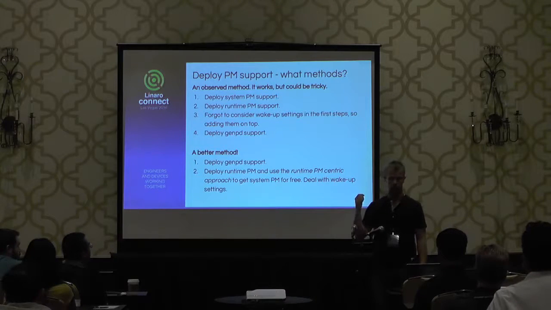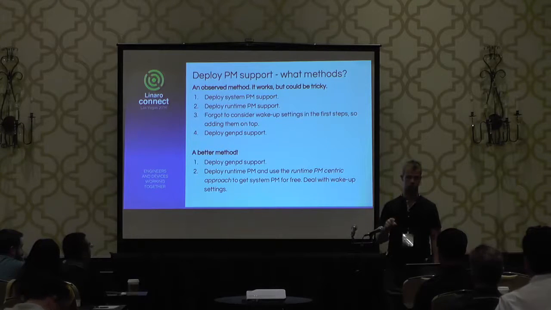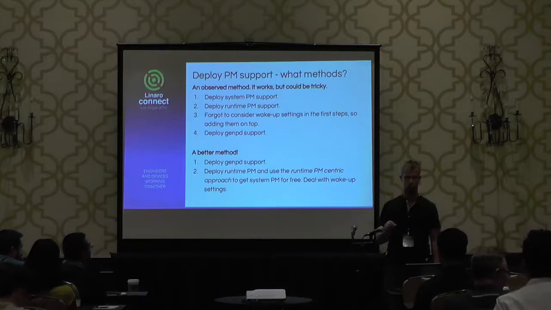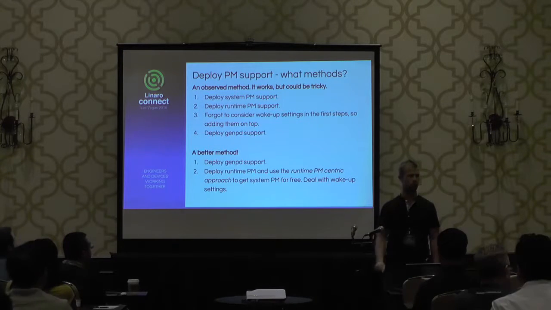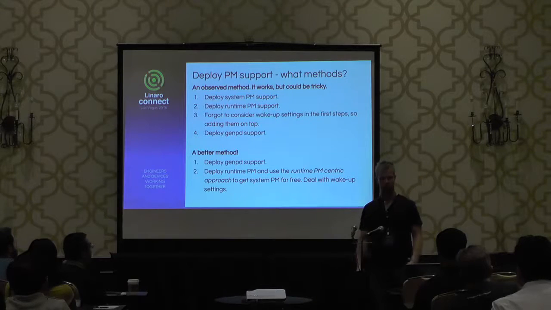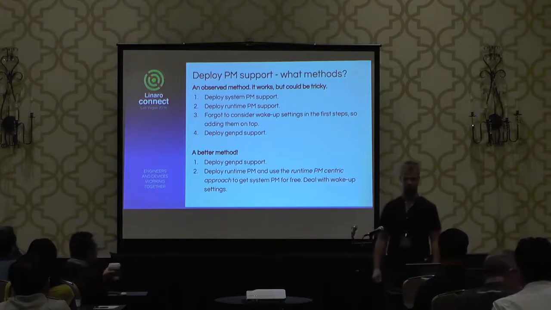And when you have deployed the runtime PM support, if you use this so-called runtime PM centric approach, which we'll explain a little more later, you might get the system PM for free. The idea is that this will save you a bunch of steps.